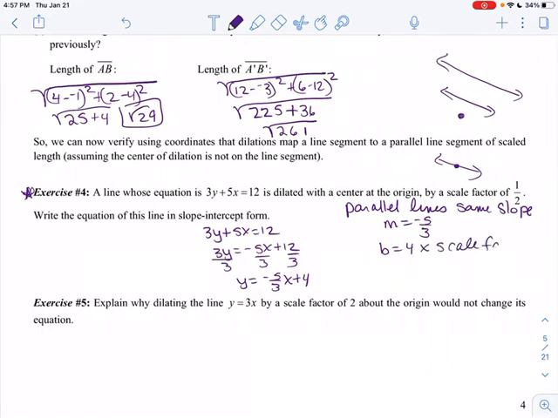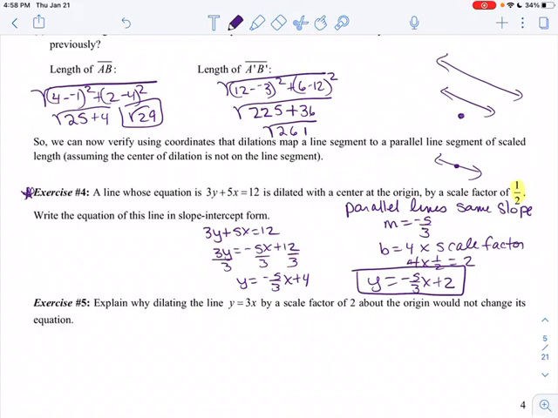So that's what's changing when I dilate a line. So 4 times 5 is 20. Oh, I'm sorry, I'm dilating it by a scale factor of 1/2. So I'm going to take that 4, and multiply it by 1/2, which is 2. So that's my new y-intercept. So my new line is just going to be y equals negative 5/3 x plus 2.